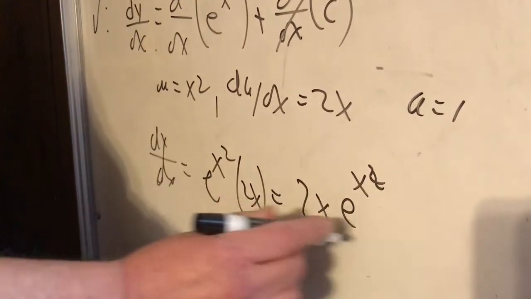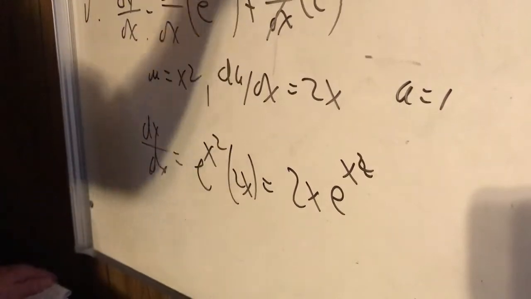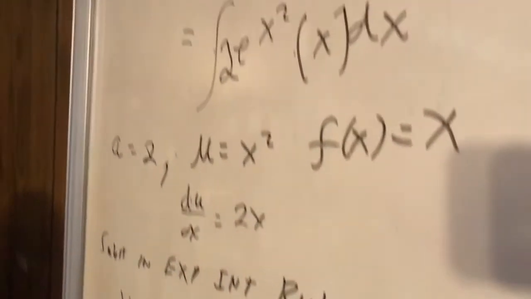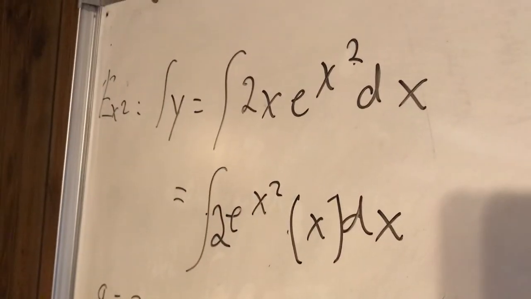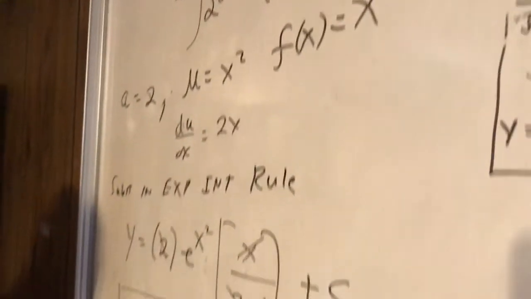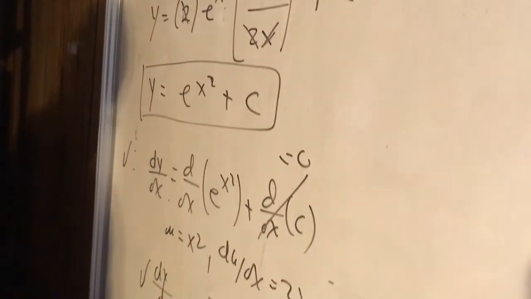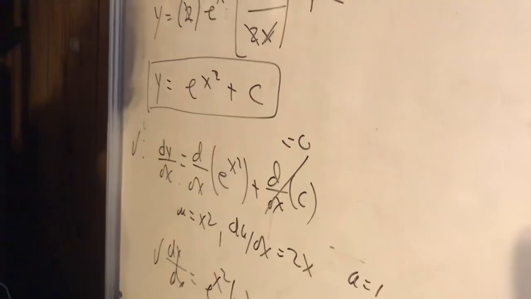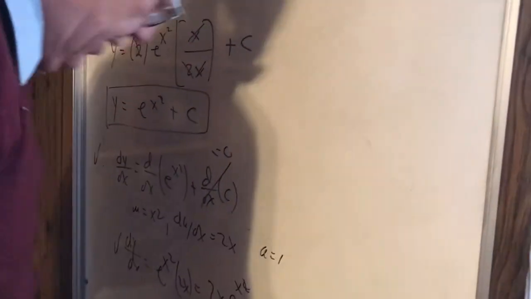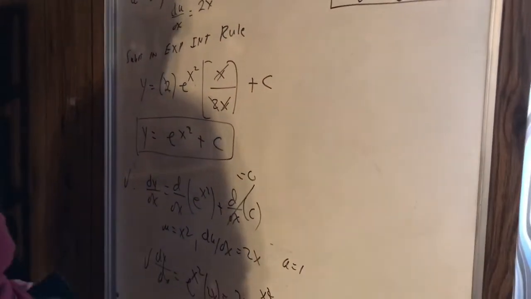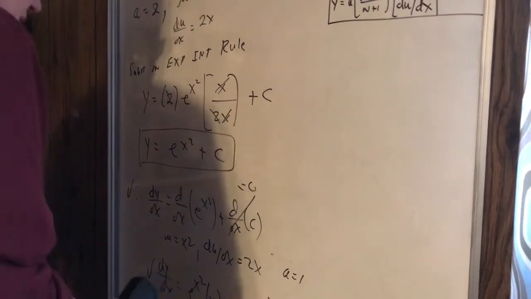If I multiply it by dx, I get back what I have here. Okay, so that checks out. I mean, you don't have to check it. I wouldn't ask you to check it. But if it's a long one, I would actually check it just to make sure.